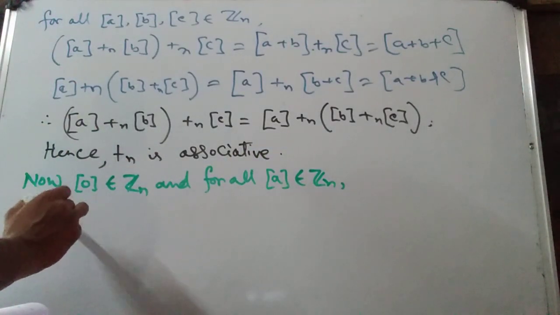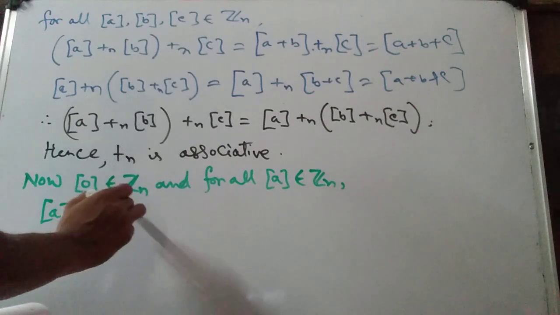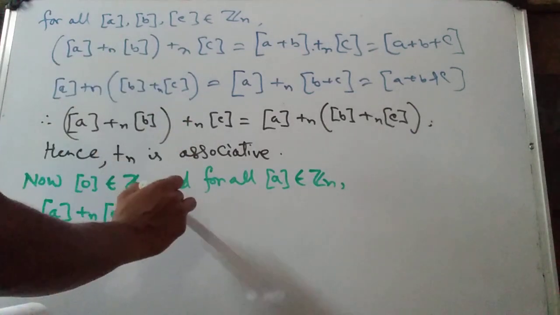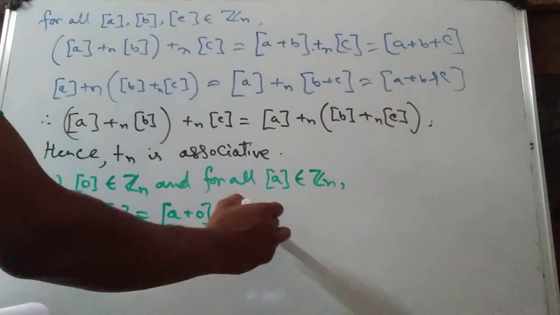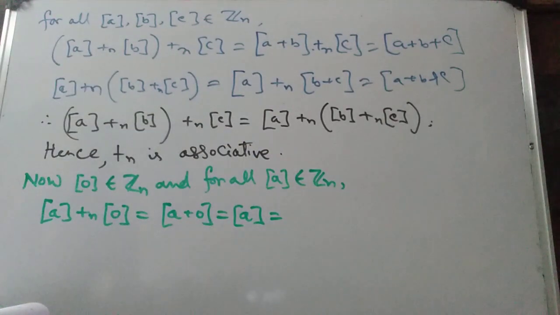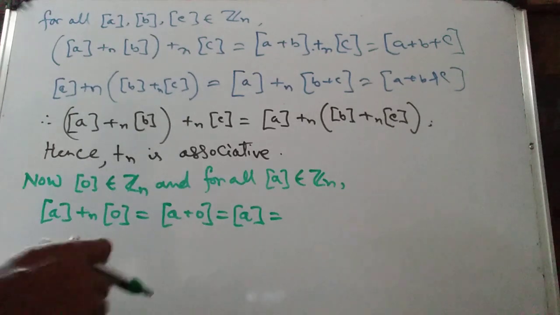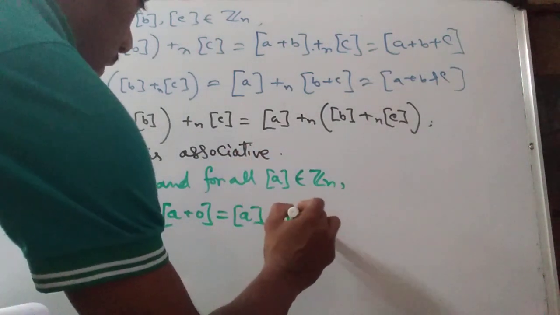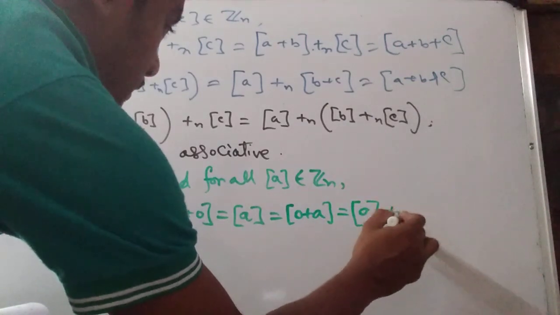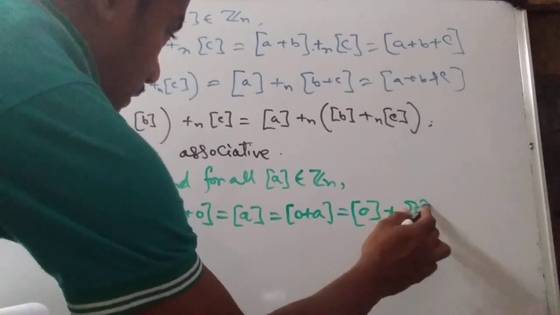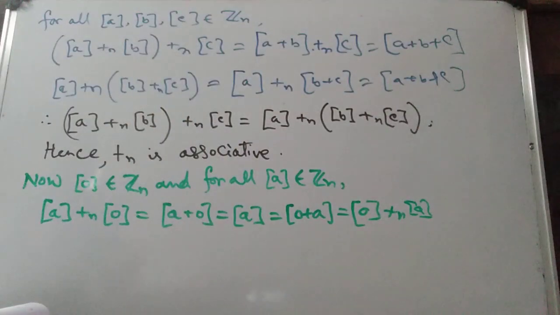Here A plus 0 equals to what? A plus 0 equals class A, equals to what? Equal to here 0 plus A equals 0, addition modulo n, class A. Understood? I think not a problem at all.